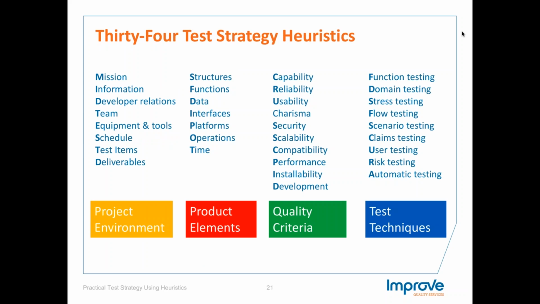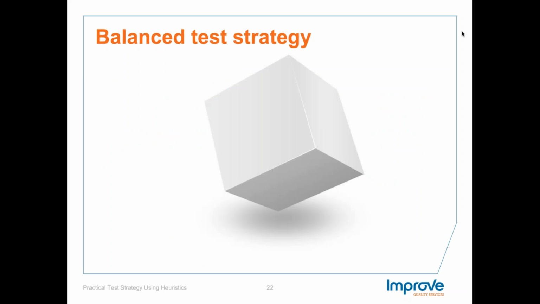There are many guideword heuristics that help me think about the environment, the product itself, what's important, so quality criteria, and obviously how I'm going to test them, so test techniques. So how do these things fit together? If you think of the product as a cube, the first thing you do is think about the environment.